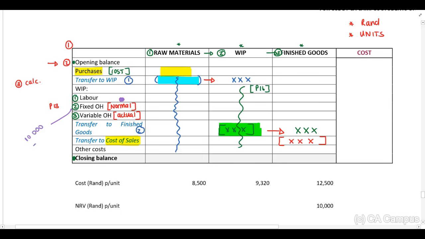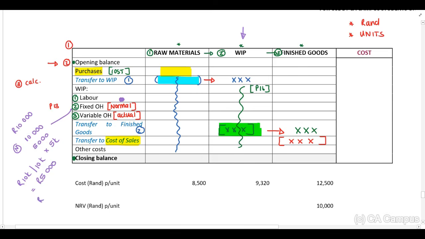Our actual capacity was 5,000 and our total of our fixed overheads was 10,000. Therefore, we've calculated our fixed overheads that will be included in our inventory based on the 10,000 divided by normal capacity 10,000 times 5,000, and this will be an amount of 5,000.